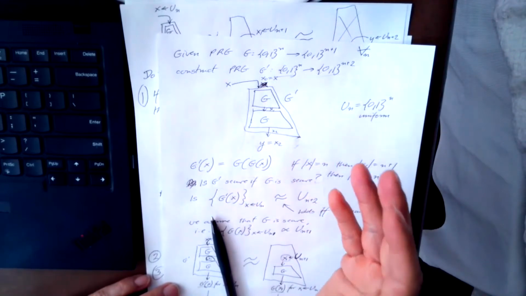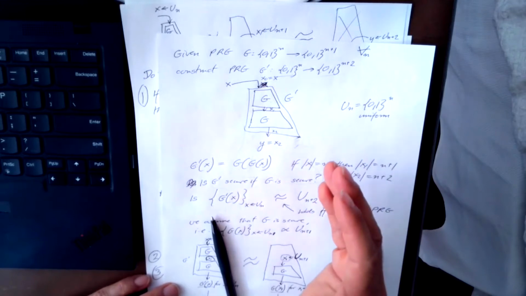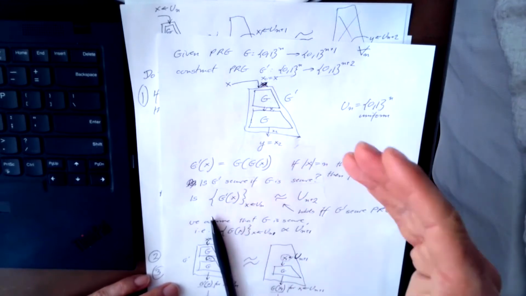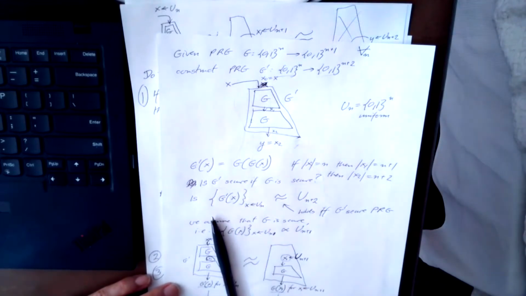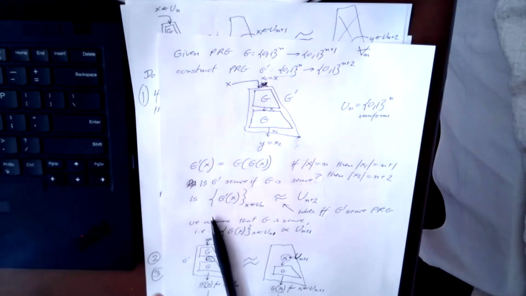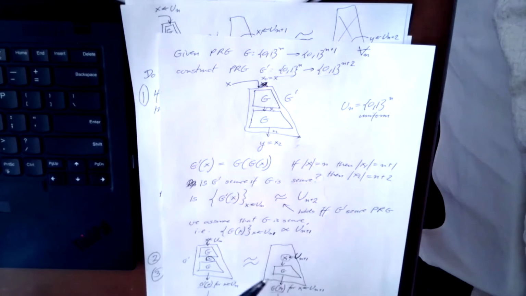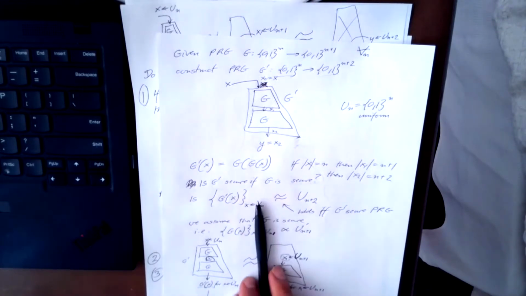PRG outputs can replace random strings in any application, and therefore, in particular, as seeds in other PRG executions. But this is not a practical stream cipher construction. So we'll play with this next time again, and see how to improve it to a more practical construction.